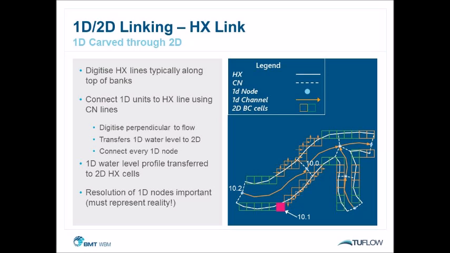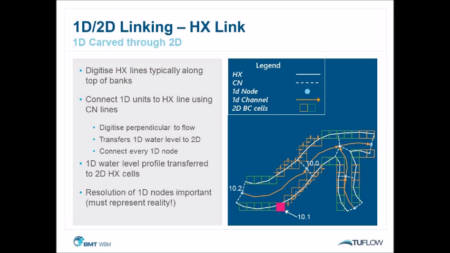Now as those HX cells become wet, they'll start to push water into the floodplain. And then as the flow gets generated, that flow coming across the HX line is sucked out of the 1D nodes. Water can return, of course, back into the 1D system in a similar sort of manner.